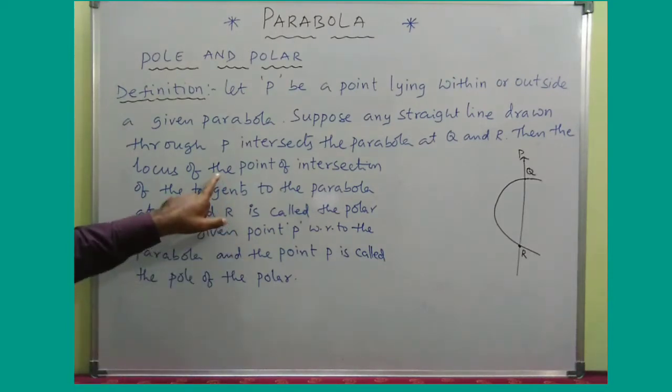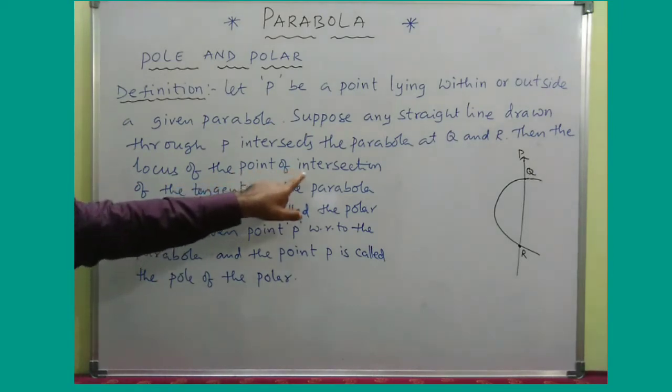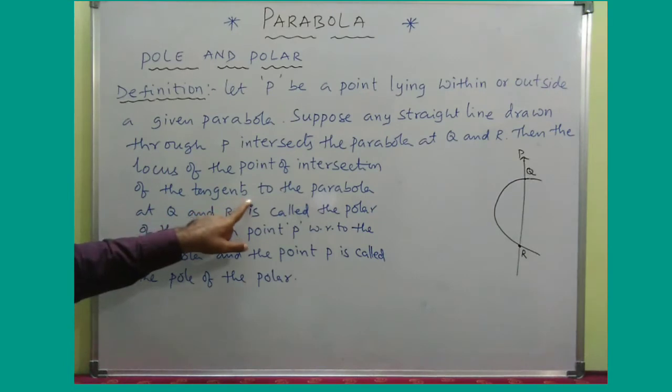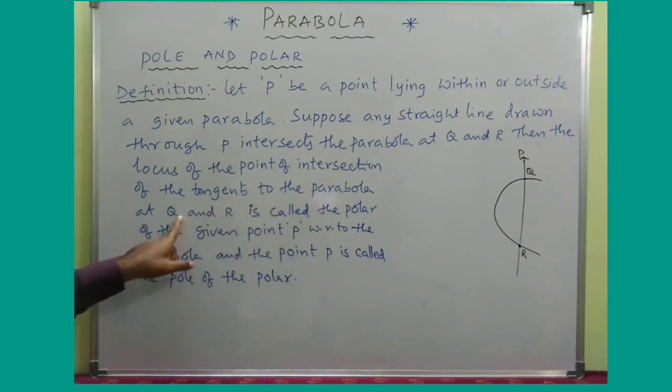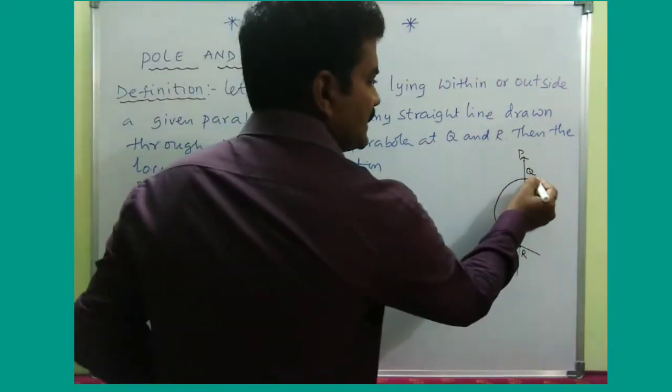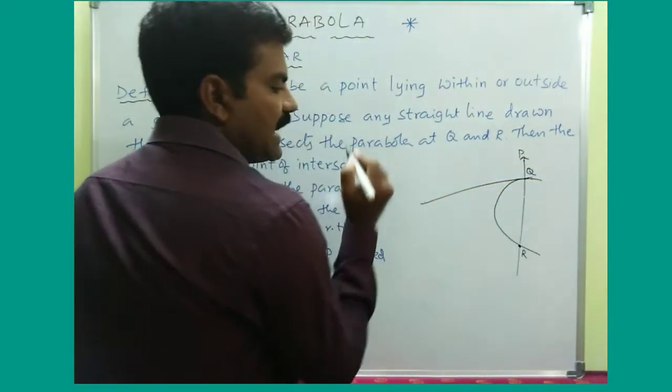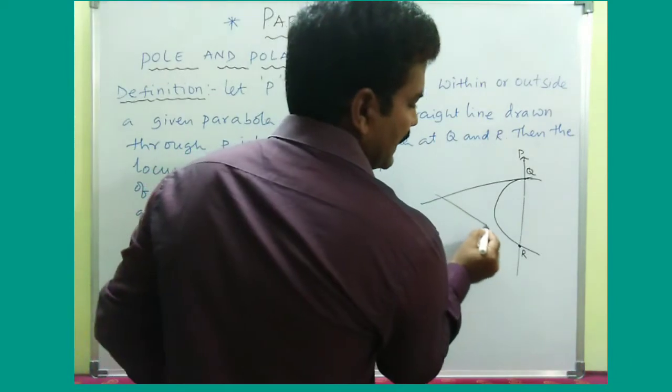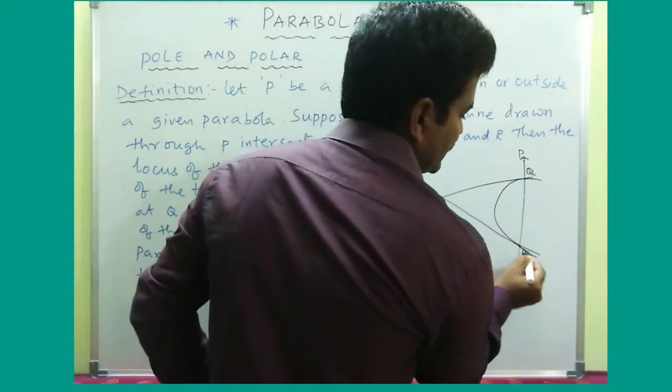And look at the next, third point. Then the locus of the point of intersection of the tangents to the parabola at Q and R. Now draw the tangent at Q as well as the tangent at R. Fine.